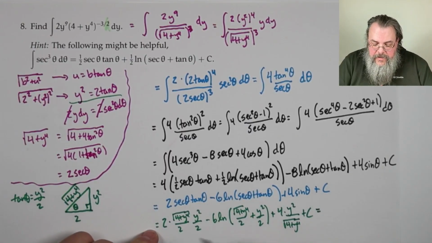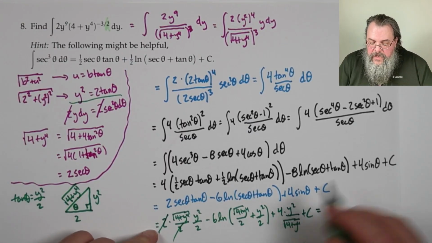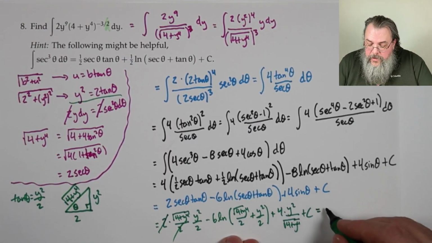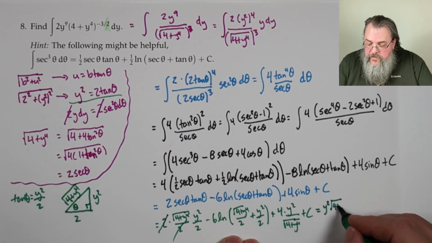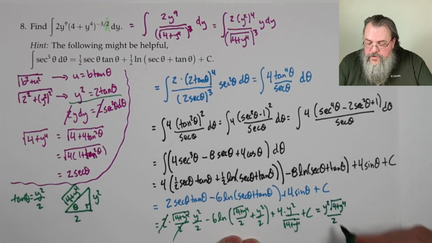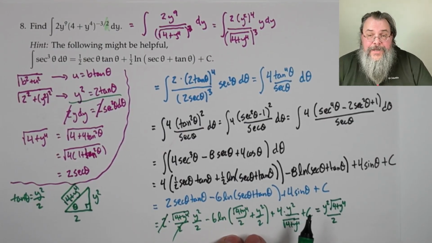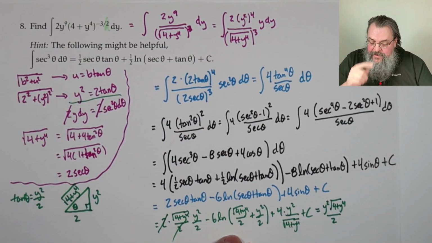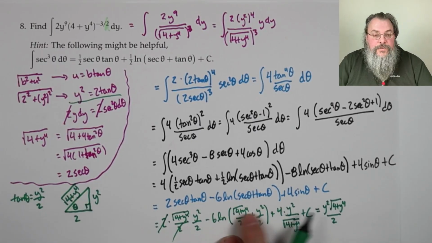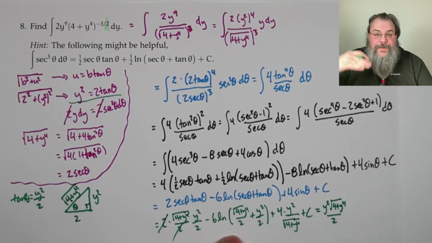Now, cleaning it all up, at the end, what do we end up with? Now, here we can get some 2's to cancel. So we'll end up with y squared square root of 4 plus y to the 4th over 2. Here, we can actually do a little bit of a trick. Now, you don't need to do this if you don't like what I'm about to do. See how you can put it over 2? And then you can say, oh, I have a division, and then I can pull that 2 out.